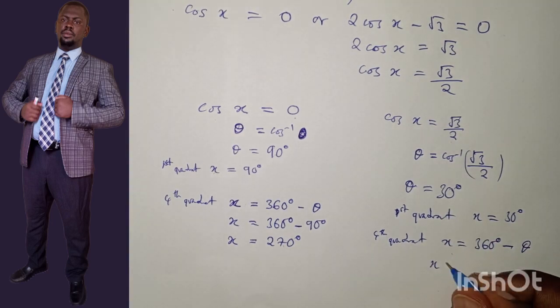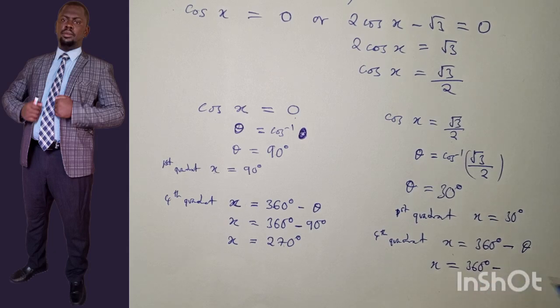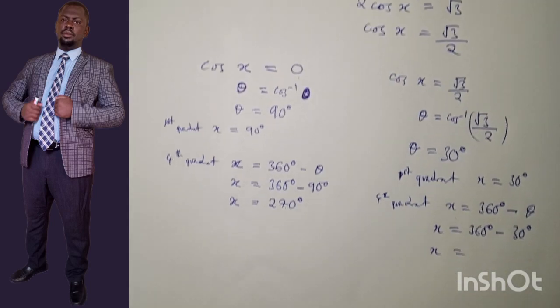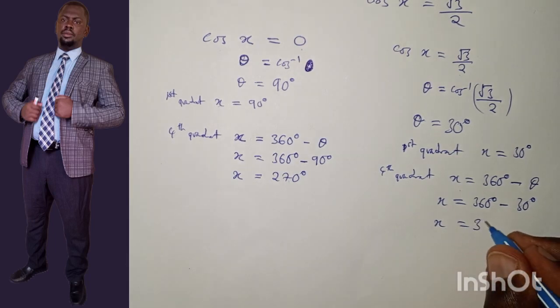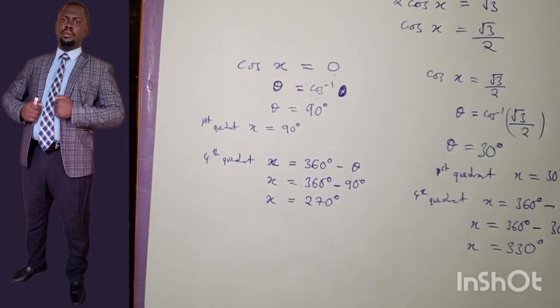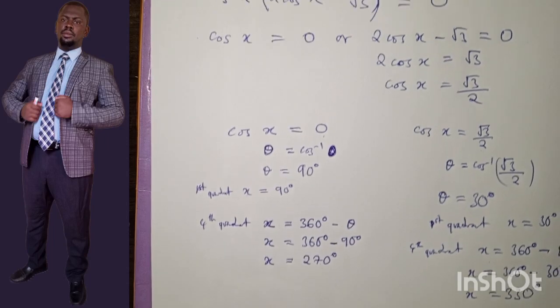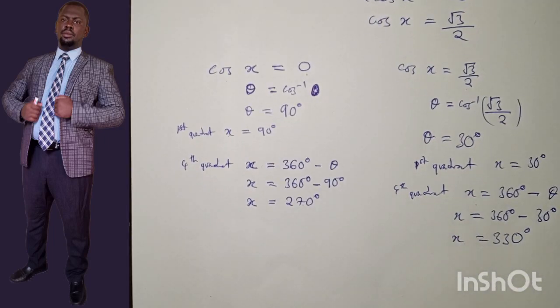So x is equal to 360 degrees minus 30 degrees, which is 330 degrees.